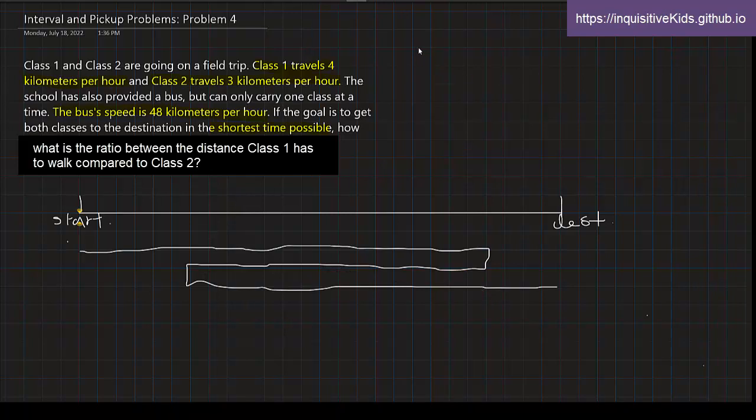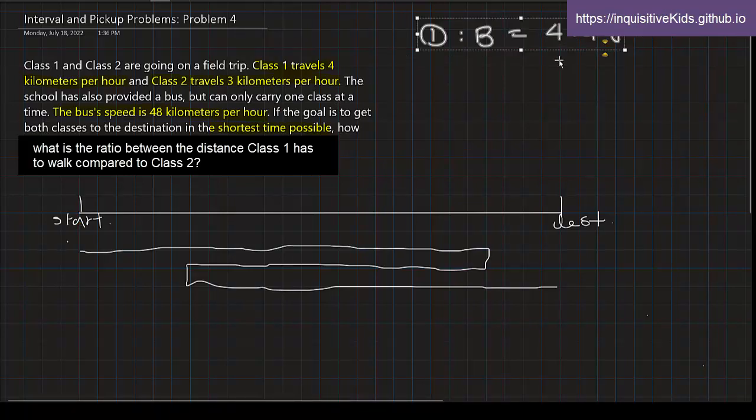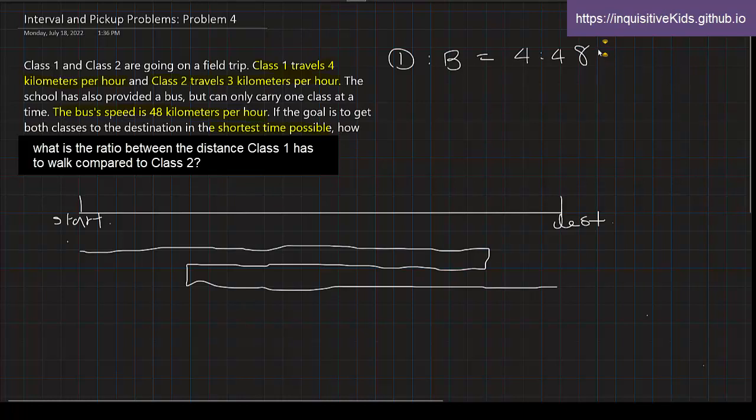So let's first find the speed ratio of Class 1 and the bus. The speed ratio would be 4 to 48. If we simplify that, dividing each side by 4, we get 1 to 12.